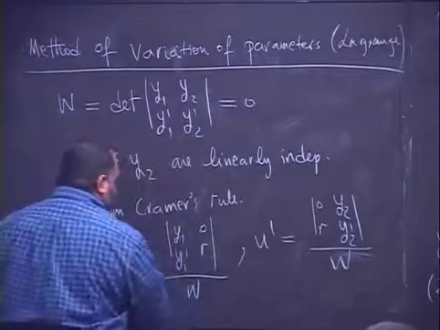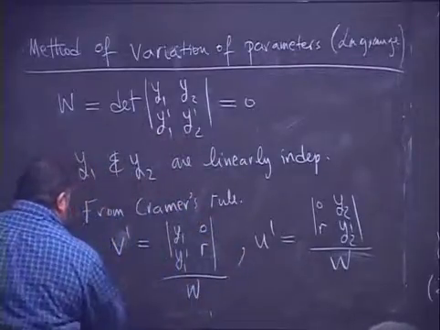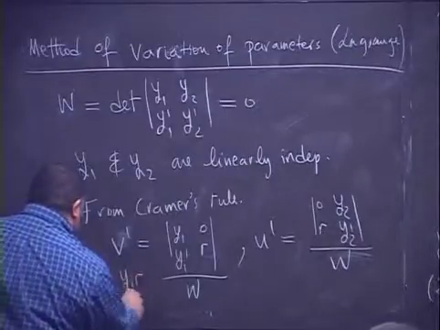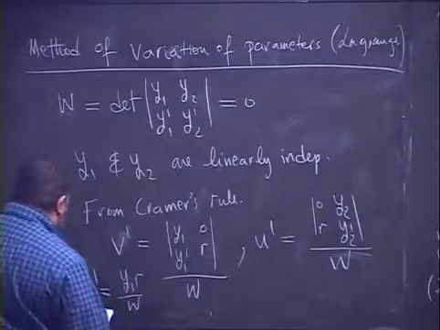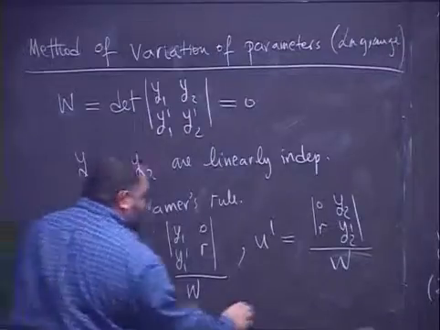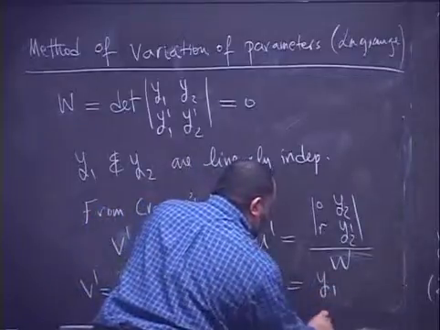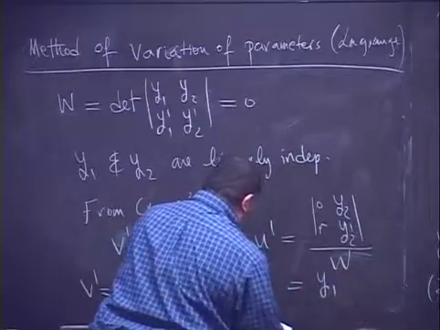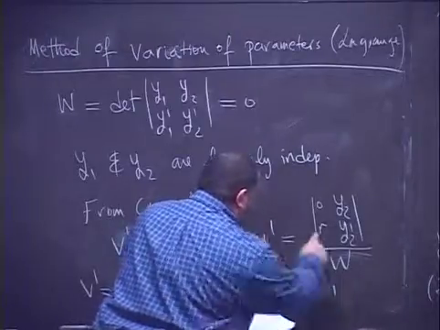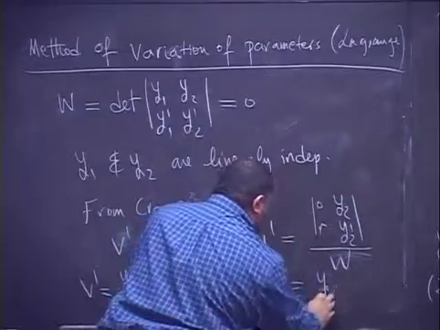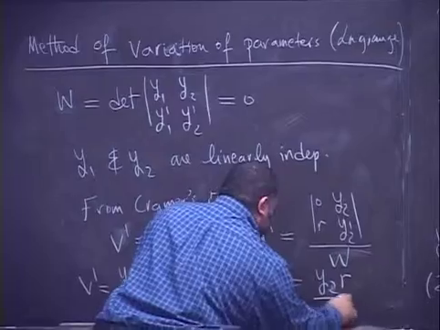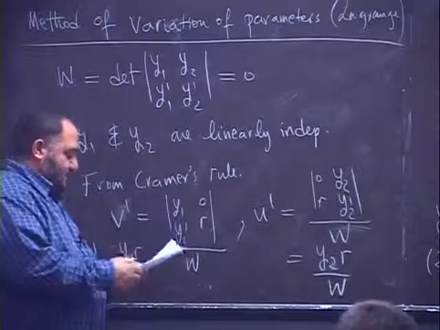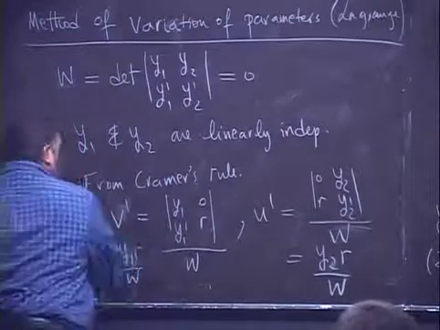So this one I can call it also equal to y2 r divided by omega, and V prime is y1 r divided by omega. So u and v will be calculated.